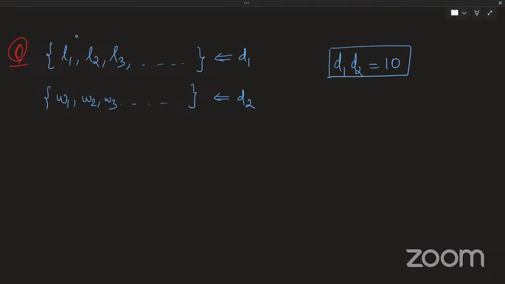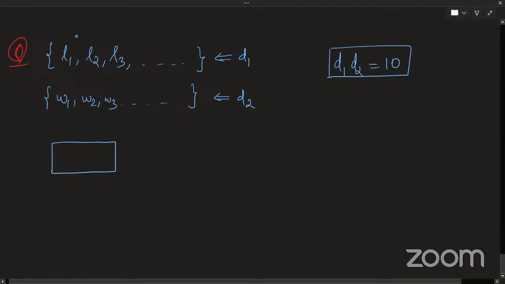Basically, what you are doing is constructing a rectangle with your width as Wi and your length as Li. I can vary anywhere between 1 to n. If it is 1, it will be L1 and W1.